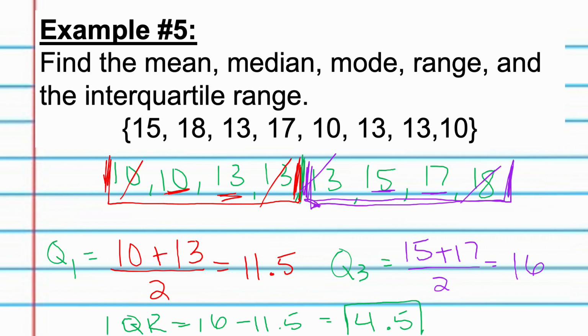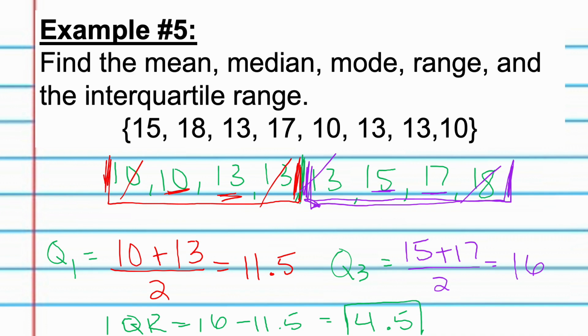Alright, welcome back. Hopefully you took the time to try this on your own. It's better and easier to learn when you actually try things on your own and then check your answers. So for quartile 1, once we split our data set in half based on the median, we take our new first half and find the median of the first half, and that gives us quartile 1, which is 10 plus 13 divided by 2, since there's two digits in there, giving us 11 and 5 tenths.